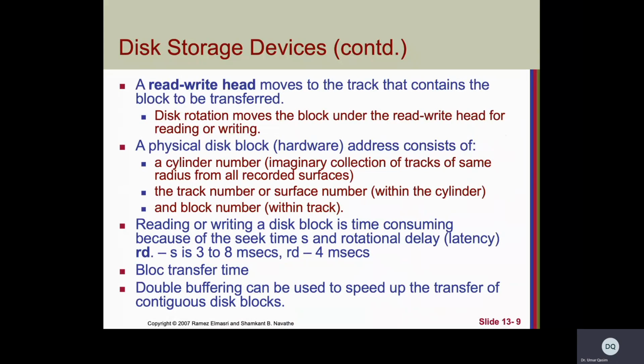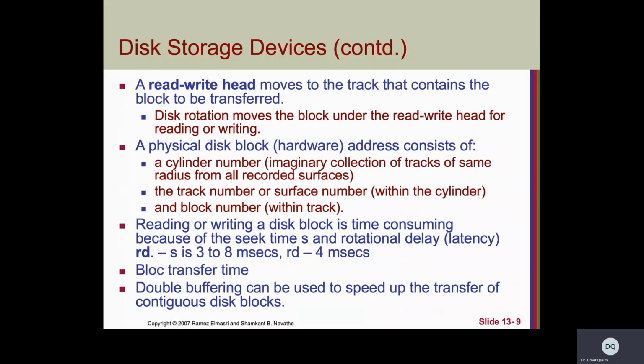Reading and writing is time consuming because of the seek time and rotational delay, and then there is a block transfer time, because the block has to be transferred. So this all adds up to slowing the database access. We can use double buffering to speed up the transfer of contiguous disk blocks.